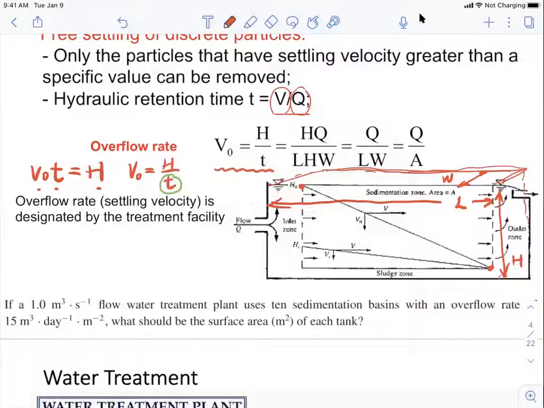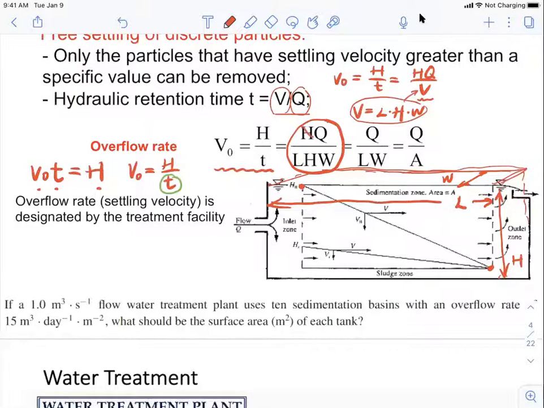So now we can plug this in. We have V0 equal to H divided by t, and that's going to be H multiplied by Q divided by V. Further, since this is rectangular, V is going to be equal to L multiplied by H multiplied by W. You can plug this term in, and this is what we get: HQ divided by LHW.